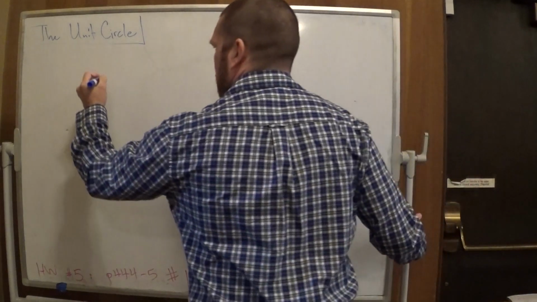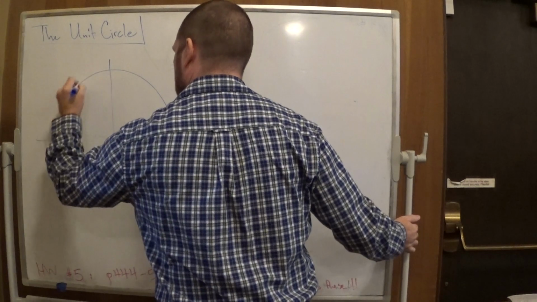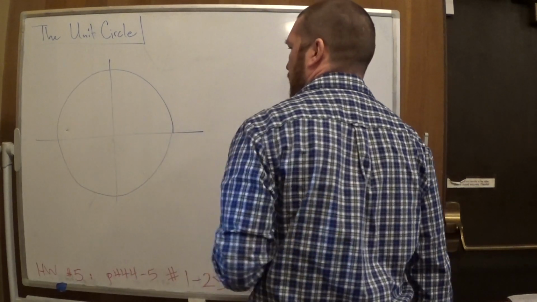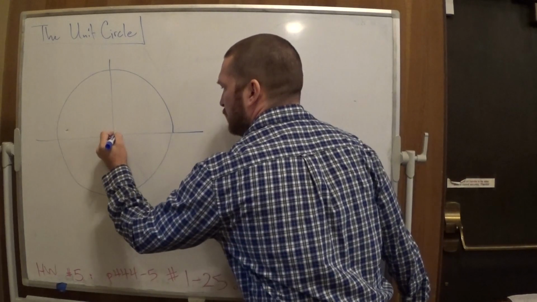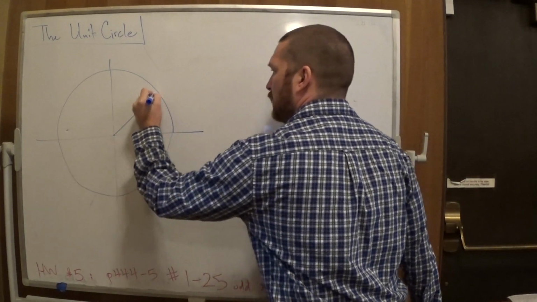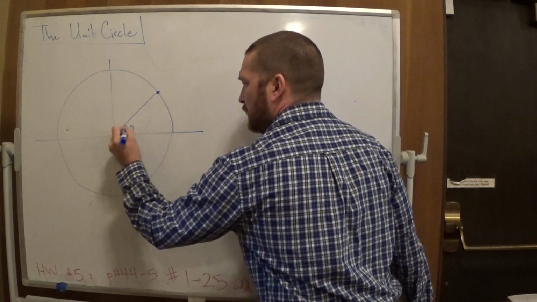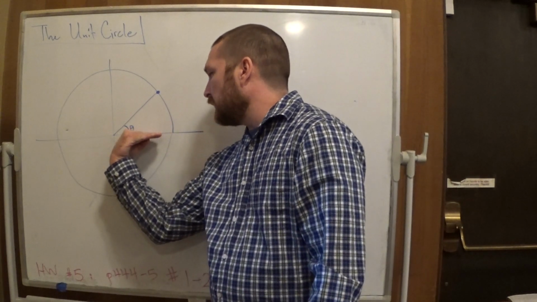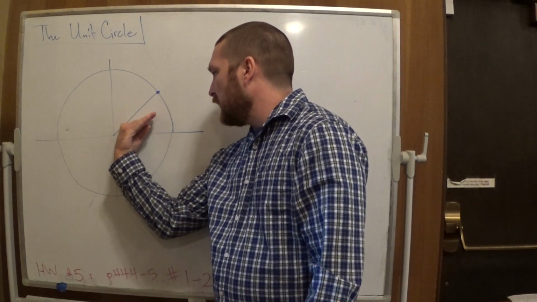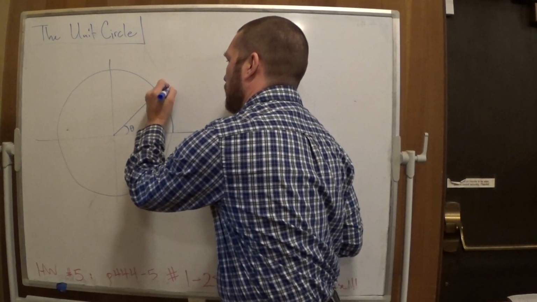If you're on the unit circle, and you have any input, say that guy right there, here's your theta. So you have any angle that you put in, and you're here at the point x comma y.